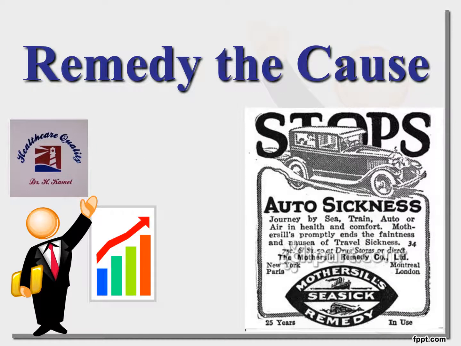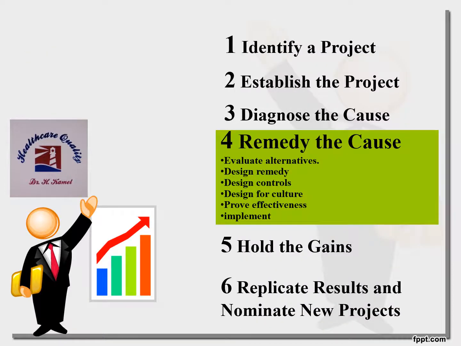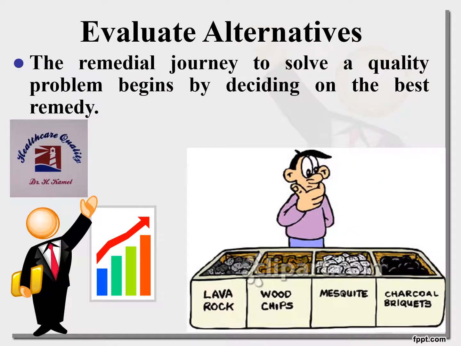Then we come to the step, remedy the cause. In this step, we have: evaluate alternatives, design remedy, design controls, design for culture, prove effectiveness, and implement. Evaluate alternatives.